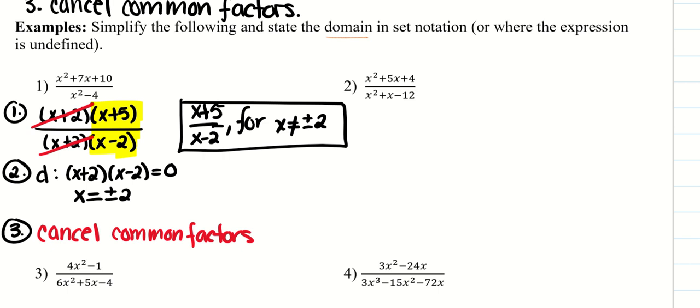For number 2, I'm going to factor x squared plus 5x plus 4. So I get x plus 1, x plus 4. And then my denominator, I have this negative 12 here as my c term. So negative 12 can be either 2 and 6 or 3 and 4.